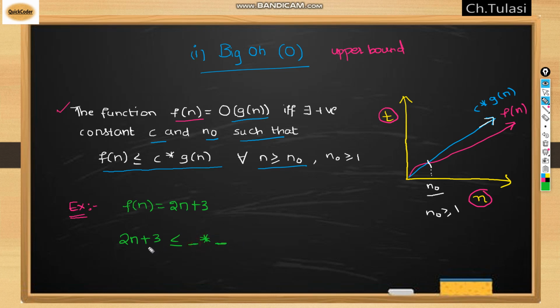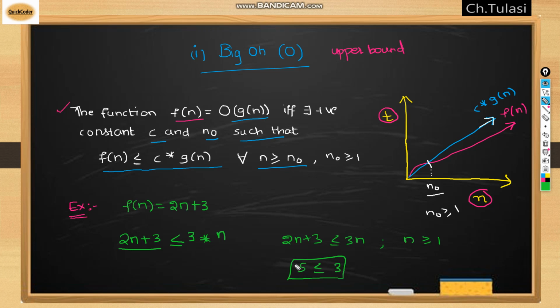So how can we say that writing 3 into n will work? 2n plus 3 is less than or equal to 3n, where n is greater than or equal to 1. If I place 1 here, 2 into 1 is 2, 2 plus 3 is 5, and that should be less than or equal to 3 into 1, which is 3.